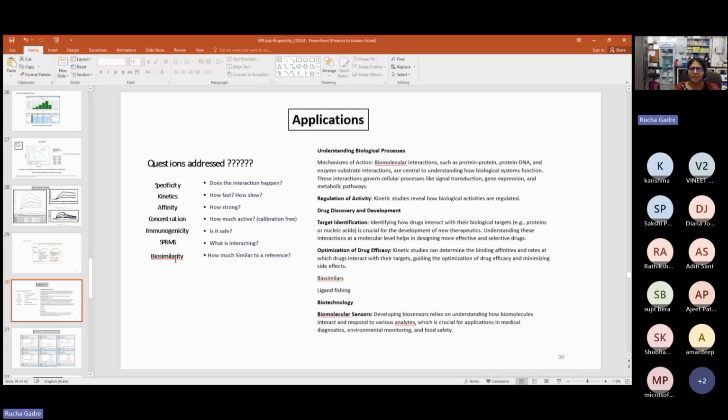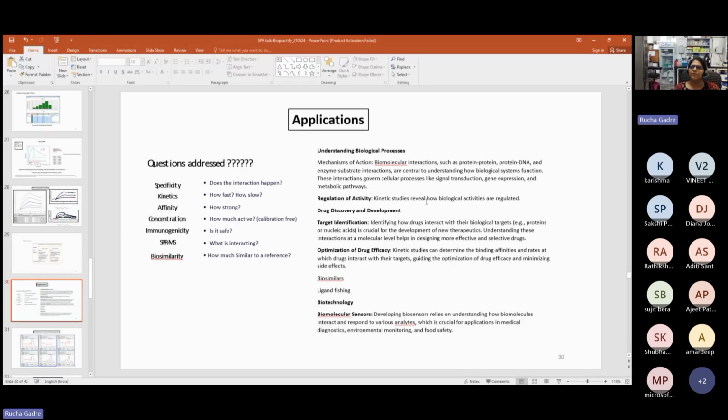So the major application is, the kd and the k on and k off will give you fundamental information about the biological system, and this k on and k off rate will tell you how it is regulated, like what is binding to what and how this binding is regulated.